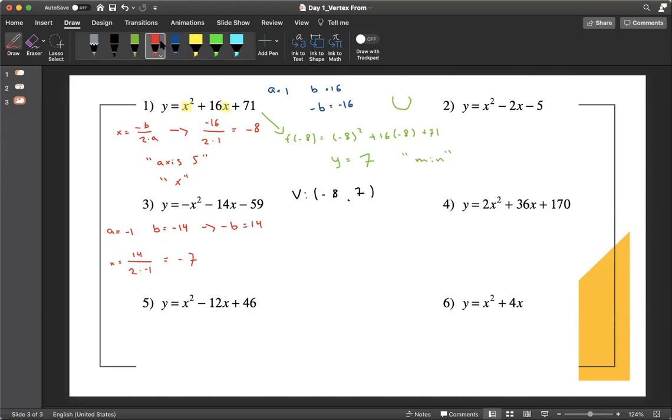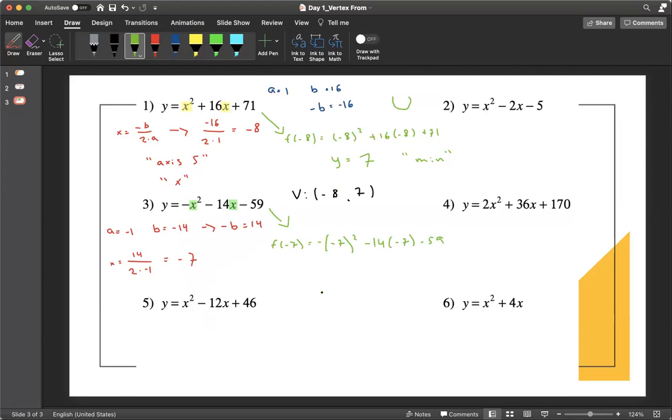We are going to plug this negative 7 into our equation here. Inside of this x, and inside of this x is going to go a negative 7. f of negative 7 is equal to a negative x. Instead of x, we have a negative 7 squared minus 14. Inside we put a negative 7, which is minus 59.